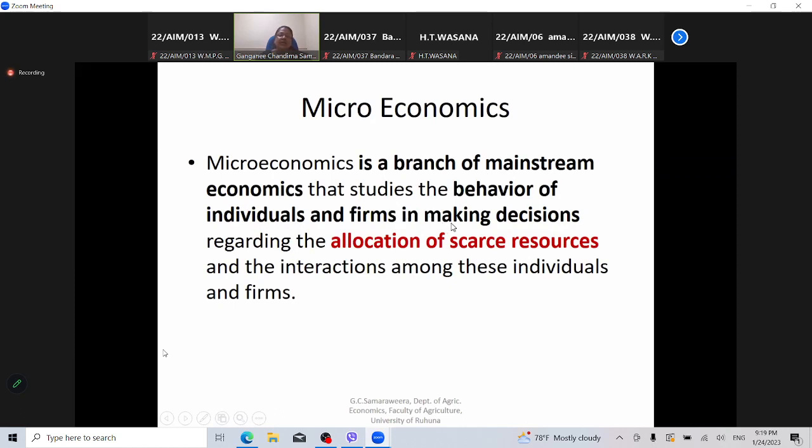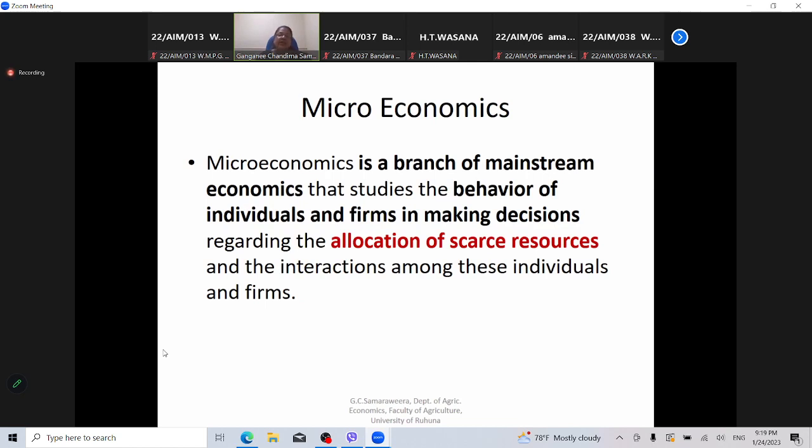Then we said when we are making decisions, we have to trade off. We have to have the opportunity cost. So these all we are discussing in microeconomics. That's why, first of all, I need to explain some terms we use in microeconomics.